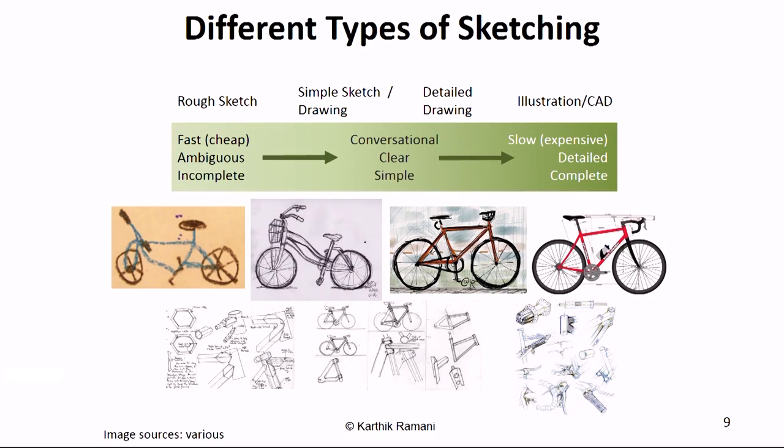The simple sketches typically evolve from rough sketches, and the idea is still to keep the conversation clear. And there are detailed drawings, examples of that, and some examples of finalized CAD kind of models. But also you can see that sketches can be quite nice and illustrative and almost as good as anything else.